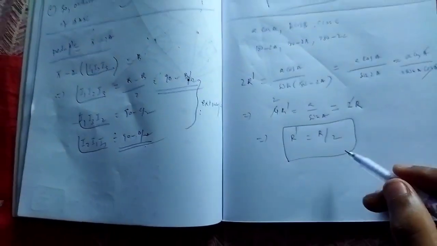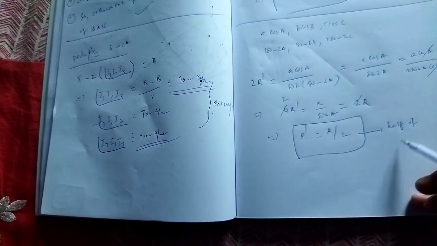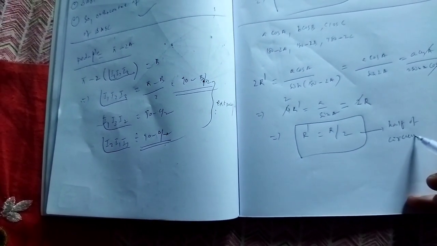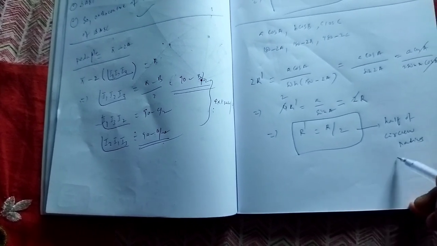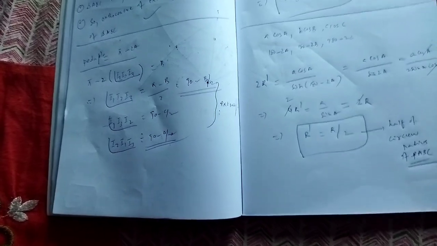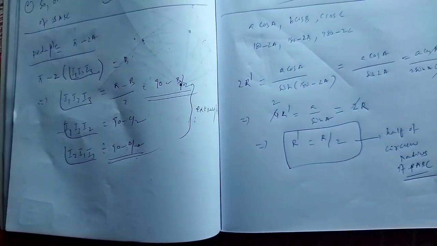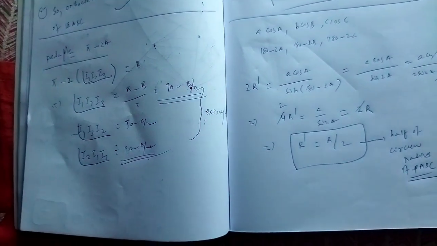The circumradius of the pedal triangle is half the circumradius of the original triangle. So the pedal triangle's circumradius is half that of the original triangle.